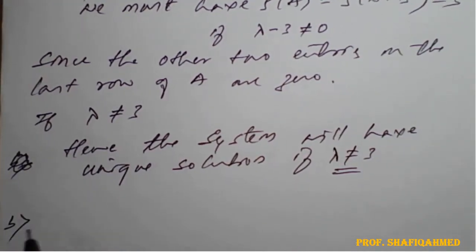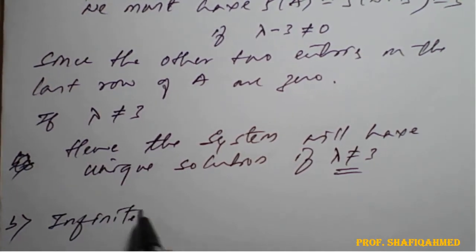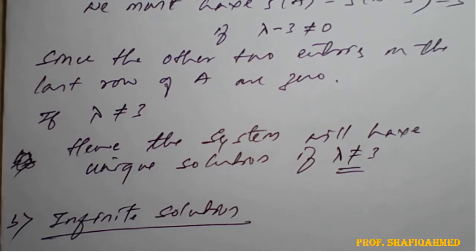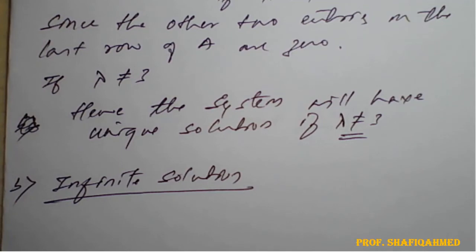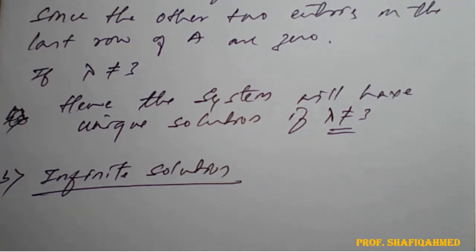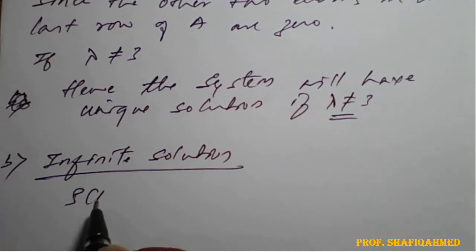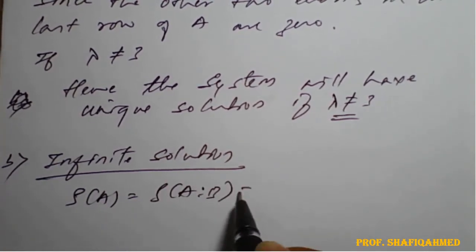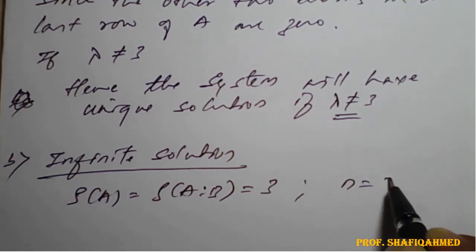Next, the second one, infinite solution. Here again, what is the condition to check for an infinite solution? We know the rank of A is equal to the rank of [A|B], which is 3, and we have n equal to 3.